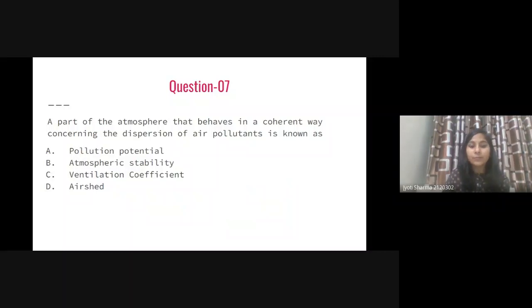The part of the atmosphere that behaves in a coherent way concerning the dispersion of air pollutants is known as. I have options: the first is pollution potential, second is atmospheric stability, third is ventilation coefficient, and fourth is air shed. So what is the correct answer?